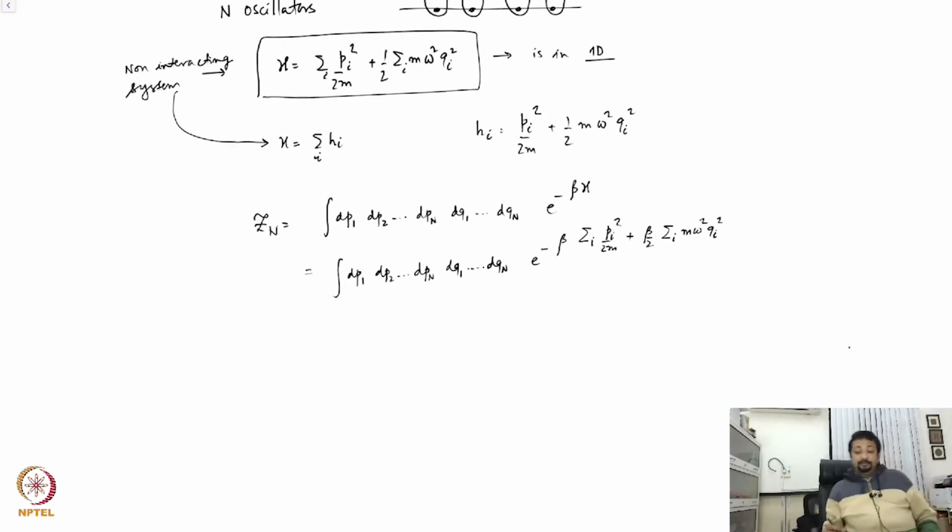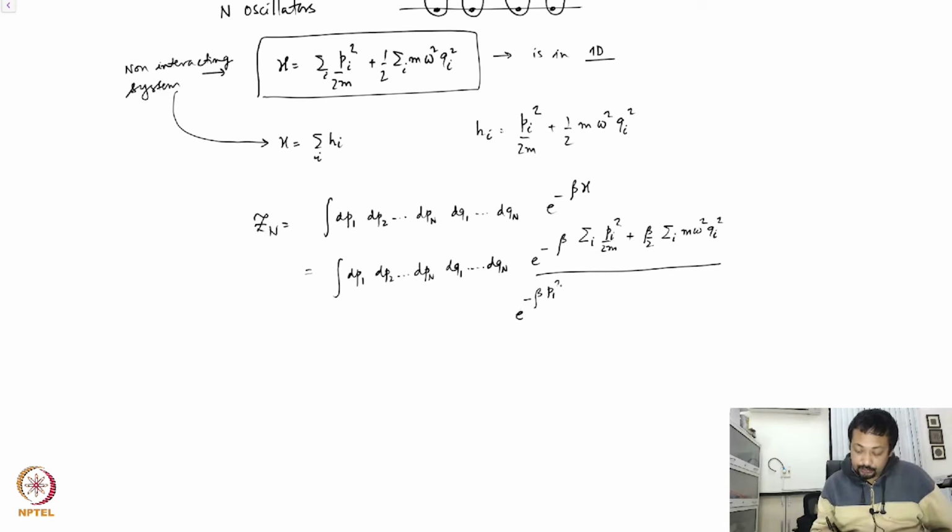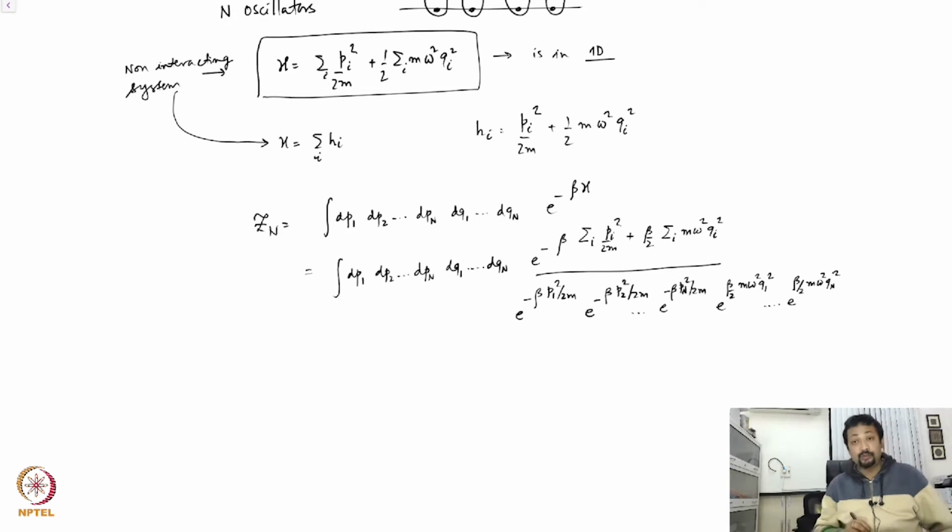Now clearly this sum, if I write it down explicitly, becomes a product of exponentials: e to the power minus beta p1 squared over 2m, e to the power minus beta p2 squared over 2m, and then minus beta pn squared over 2m, then e to the power minus beta by 2 m omega squared q1 squared, and finally beta by 2 m omega squared qn squared.